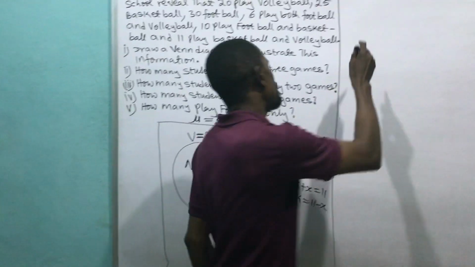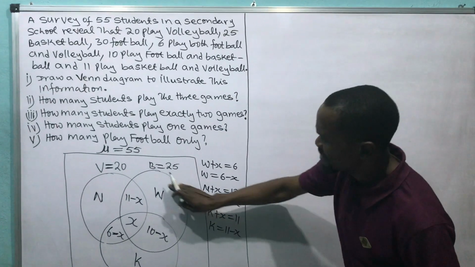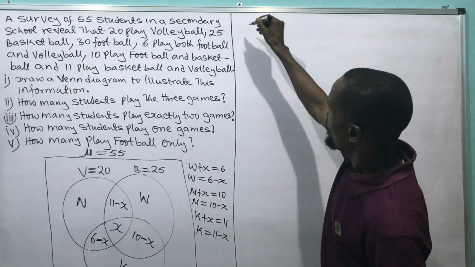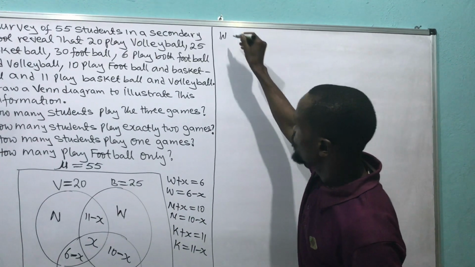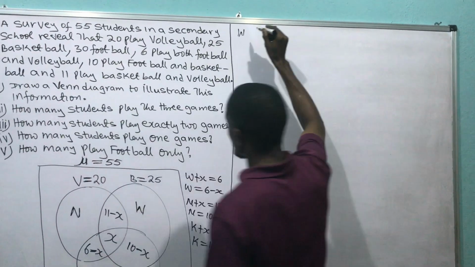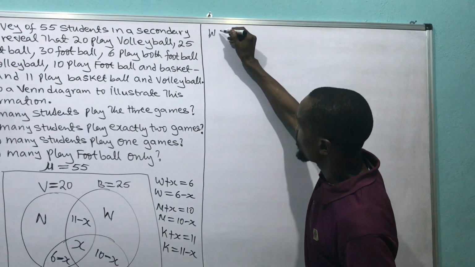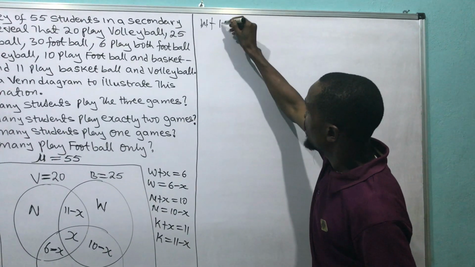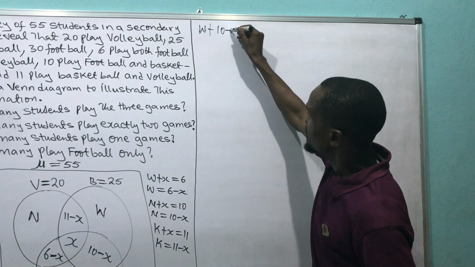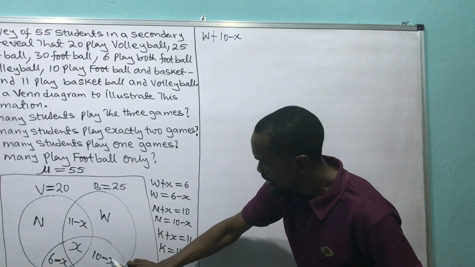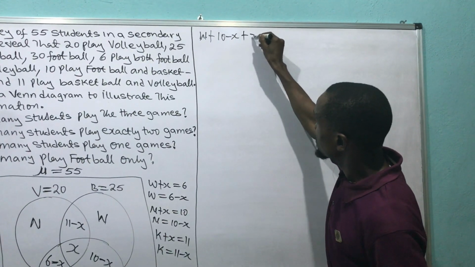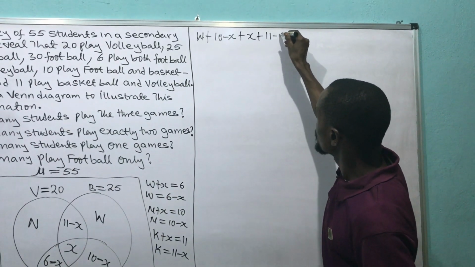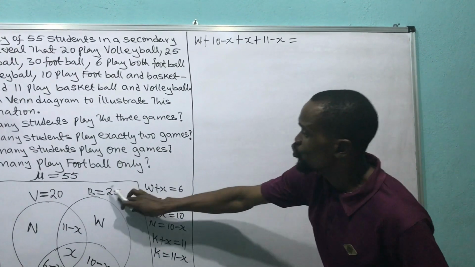Then now, I come over here to say, look at this circle here. This circle comprises W plus 10 minus X, plus X, plus 11 minus X, and it's equal to 25.